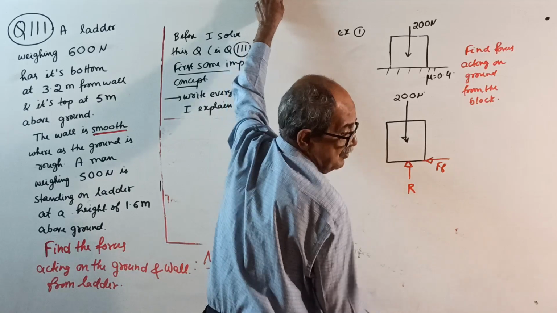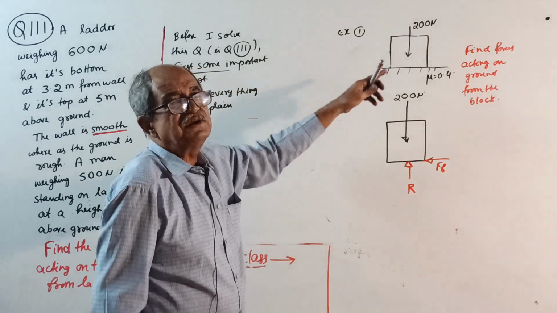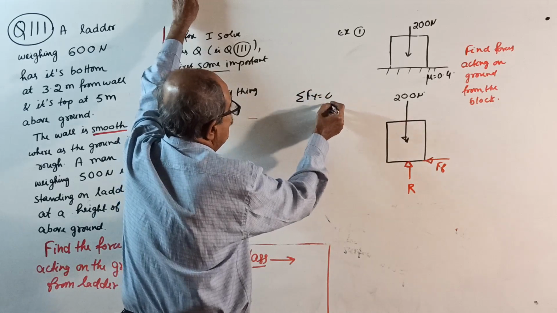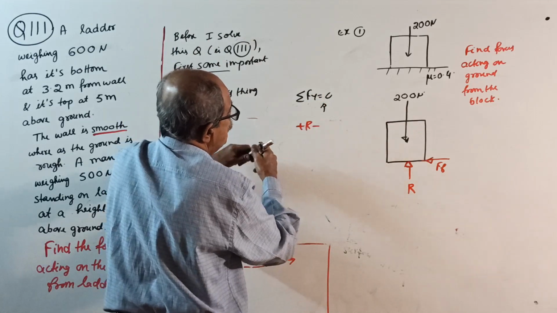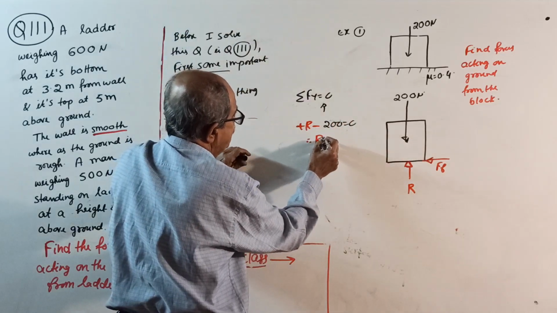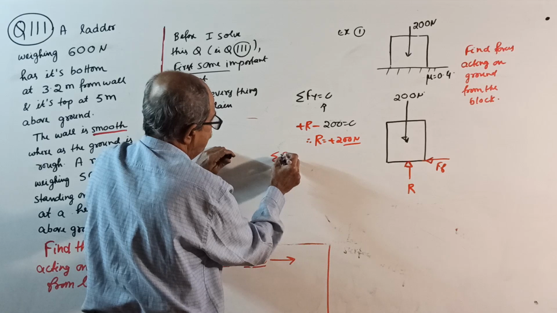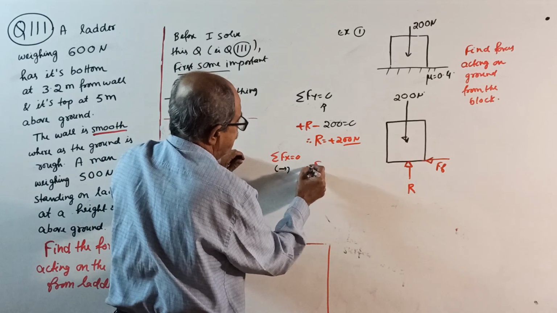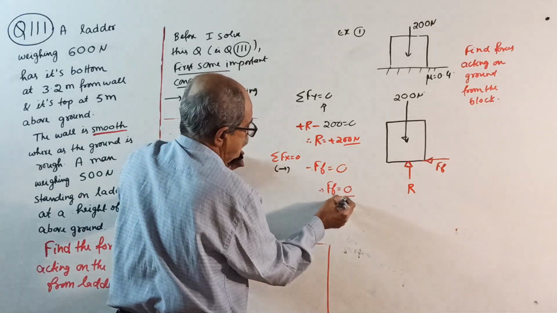Now start solving. See, this body is understood to be in equilibrium. So sigma Fy equal to 0, upward positive: plus R minus 200 equal to 0, therefore R equals 200 Newton. Then sigma Fx equal to 0, taking right side positive: you get FF minus FF equal to 0, therefore FF equals 0.